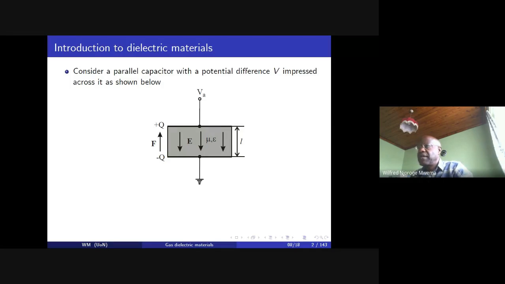So what happens is that we consider a parallel plate capacitor with a potential difference V impressed across it as shown.